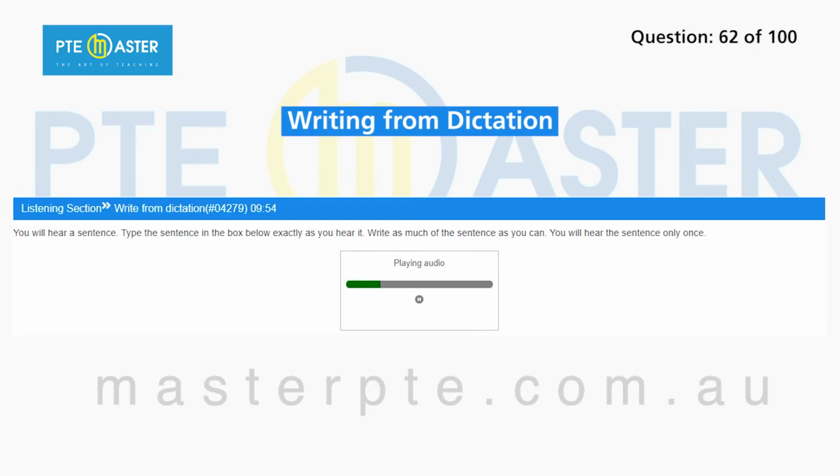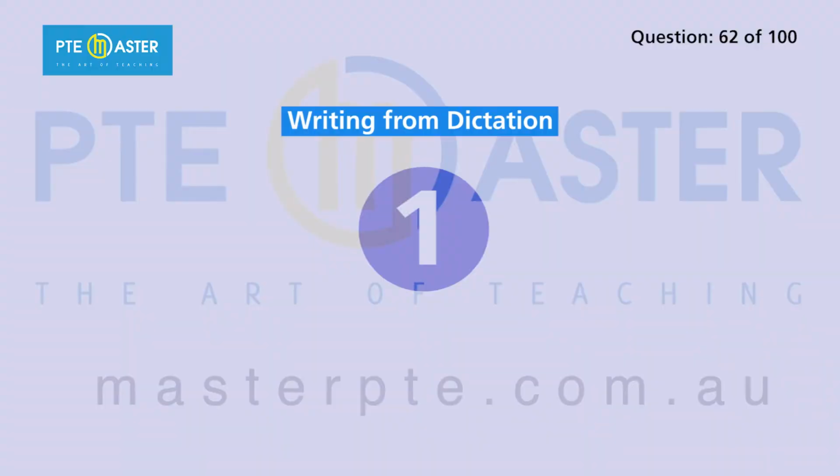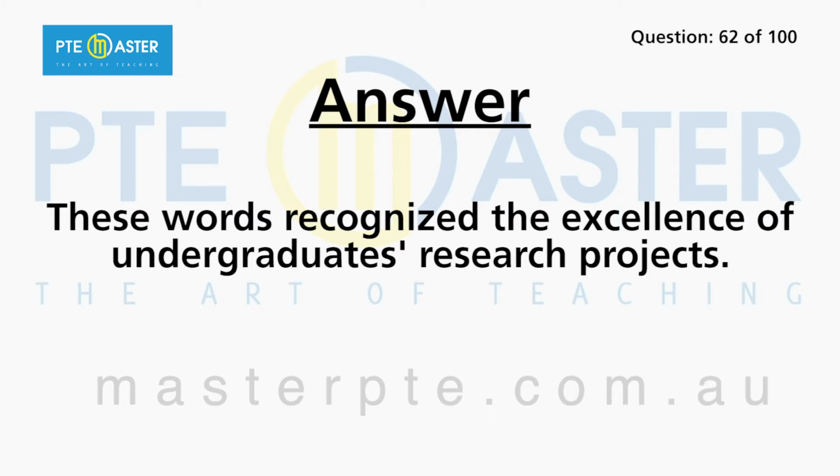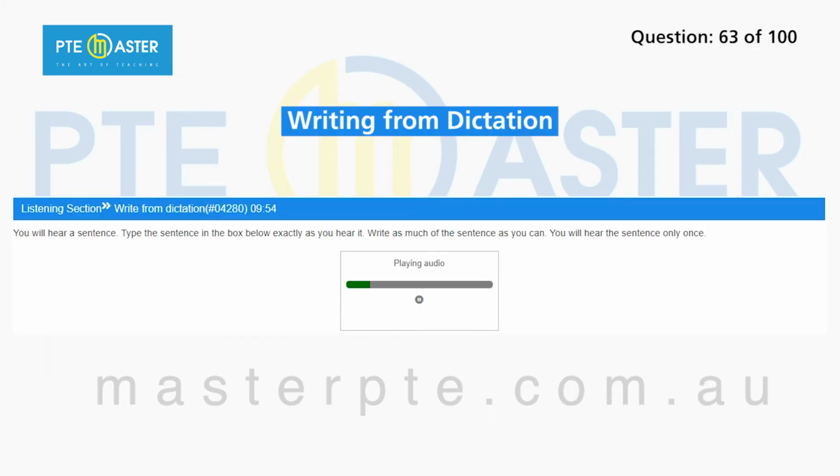These words recognize the excellence of undergraduates' research projects. Students may only use parking cards in authorized university parking spaces.